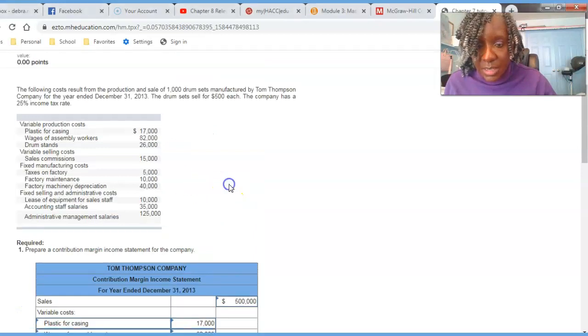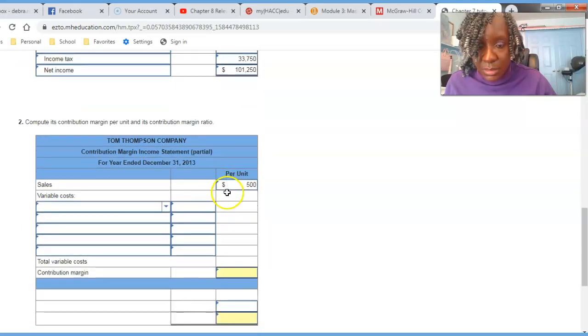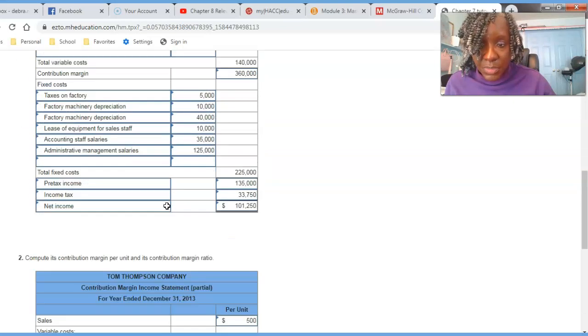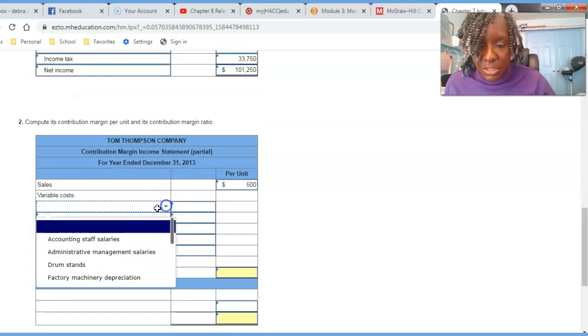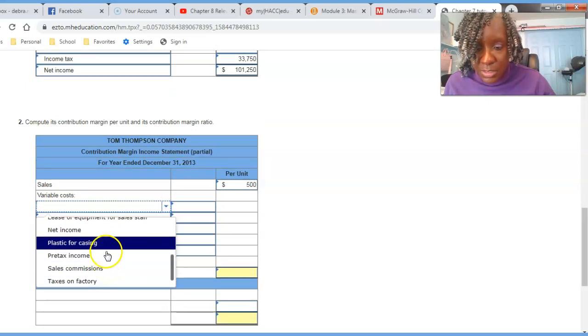Now, we have to think about this part of the income statement when you base it on units. We have to compute what the per unit variable costs are for each one of the components. So for ease, I'm just going to put the items here first.